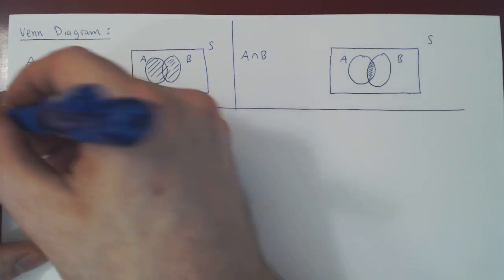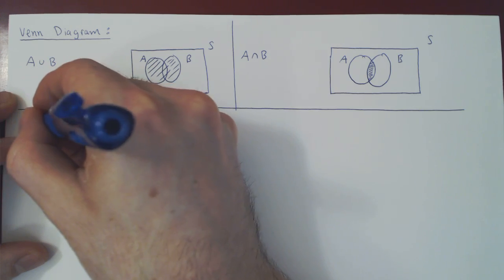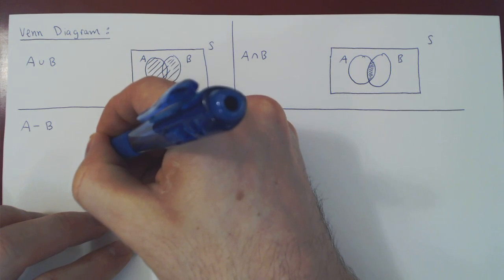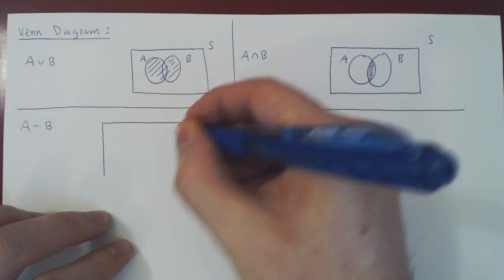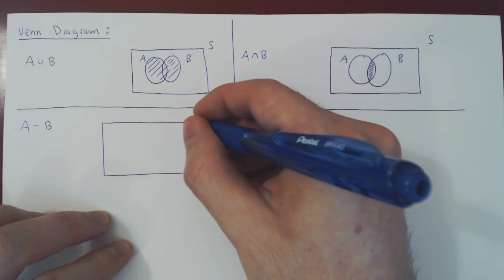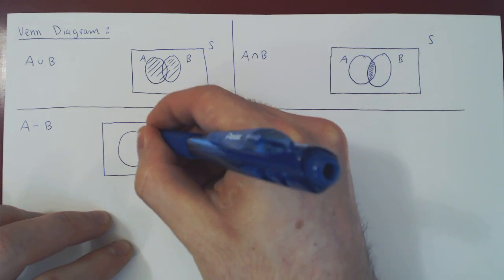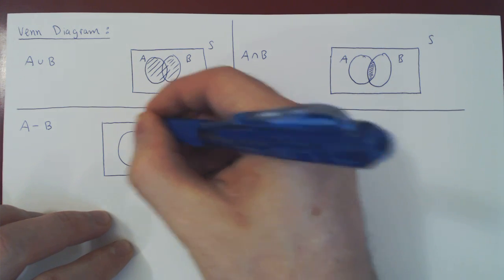What about the subtraction? A minus B or B minus A, doesn't matter. Once again, we draw our Venn diagram, our sample space or universal set as a large rectangle. A and B may overlap each other.